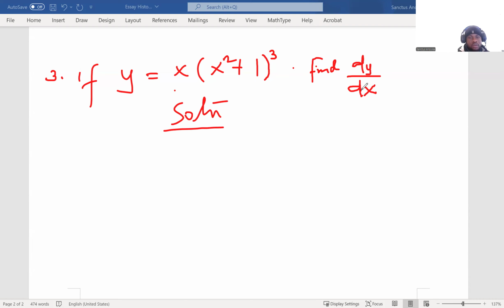So here we are going to apply both chain rule and product rule. Remember what we stated in product rule. So in this case, I'm going to call this v.